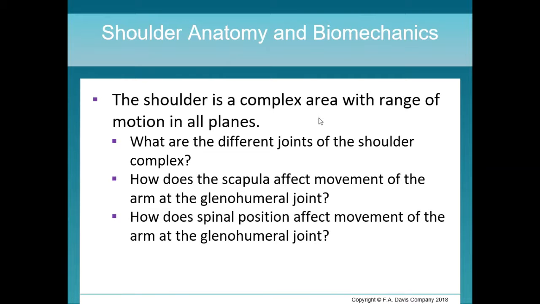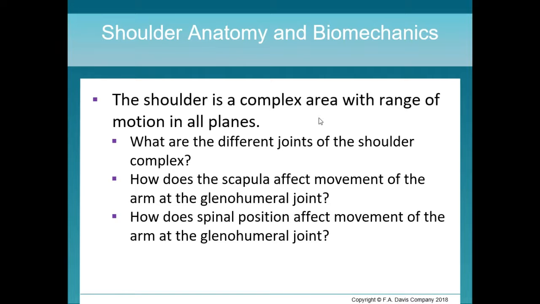There's three different joints that go along with the shoulder, and I will show you those at a later time on the skeleton. But these are synovial joints. If you'll remember from kinesiology, synovial joints are also called diarthrodial joints, and those are the joints that have a synovial capsule inside of them.